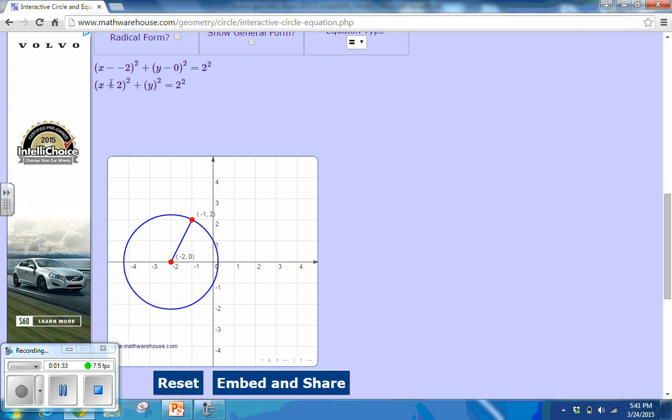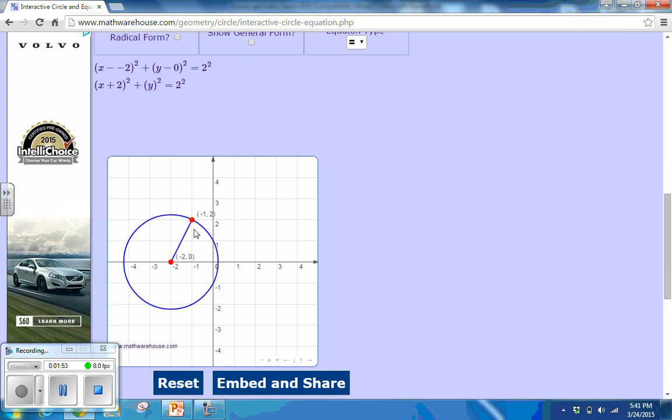So they simplify that to (x + 2)² + y² = 2². Take a second and look at that: the center, the radius, the point on the circle which forms the radius, and then the equation up here.